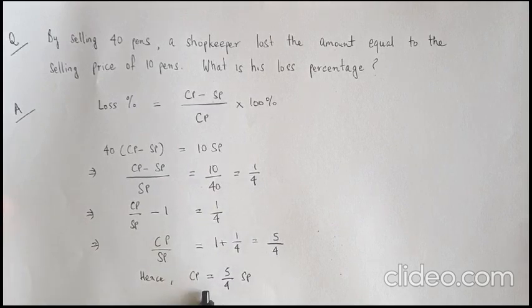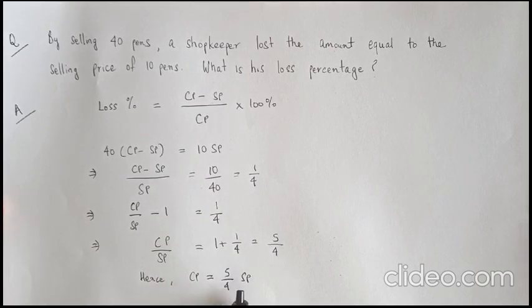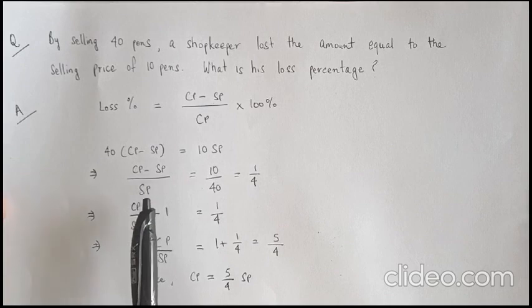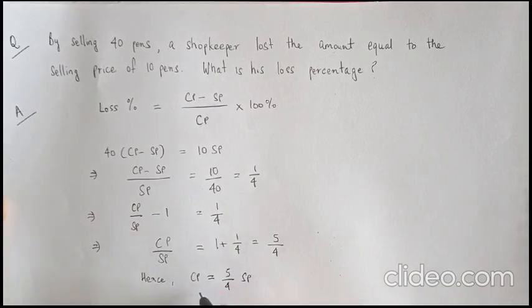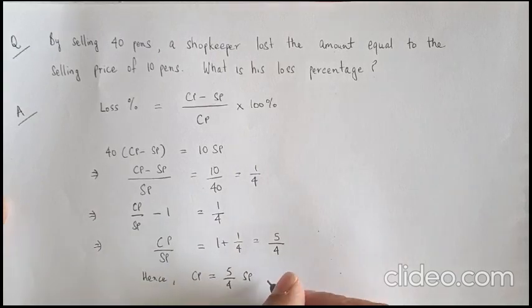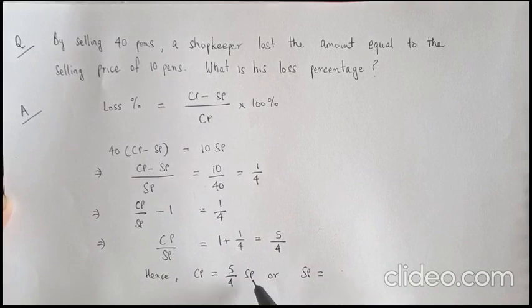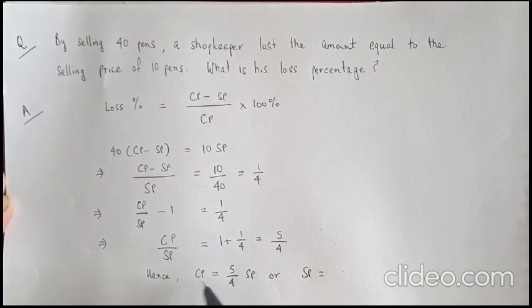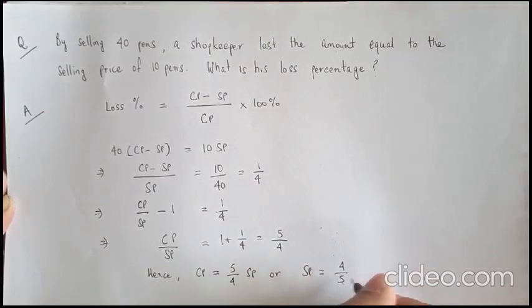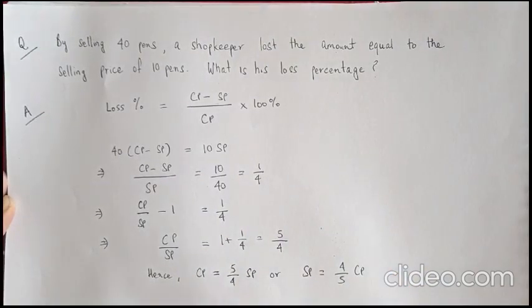So all we need to do is substitute for SP into this and we will get CP. So hence CP is equal to 5 by 4 into SP, or SP is equal to 4 by 5 into CP, right?